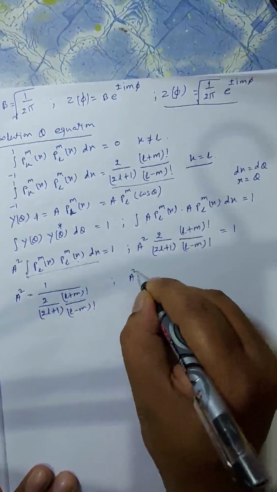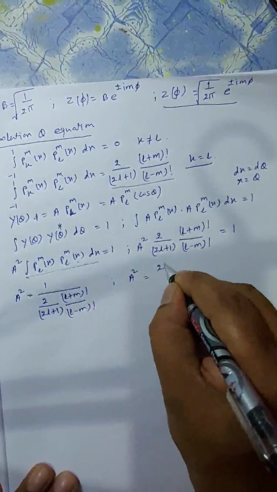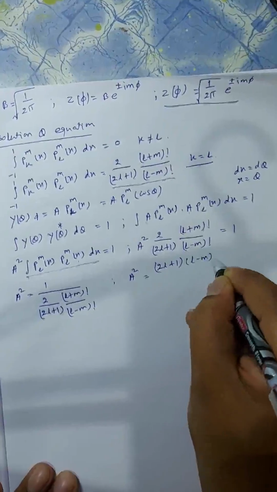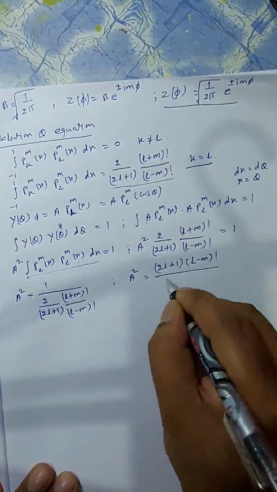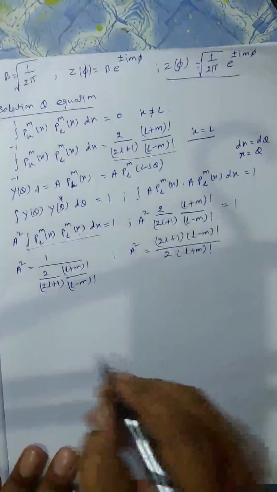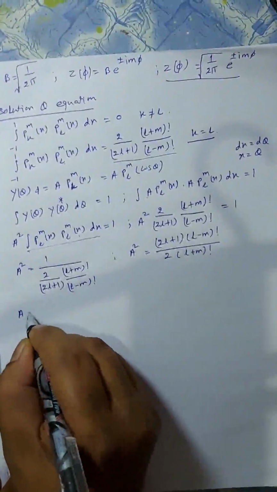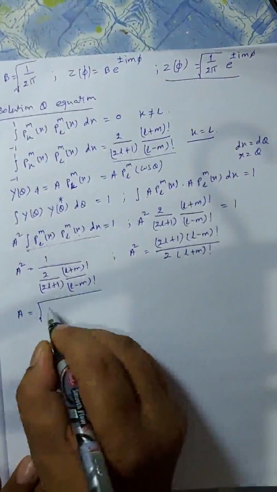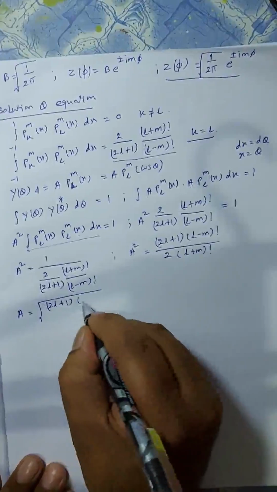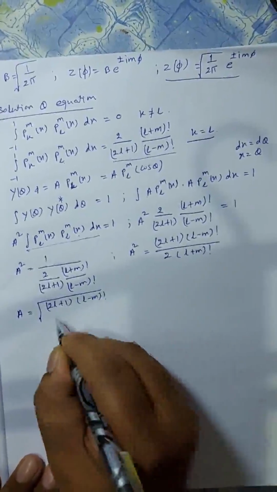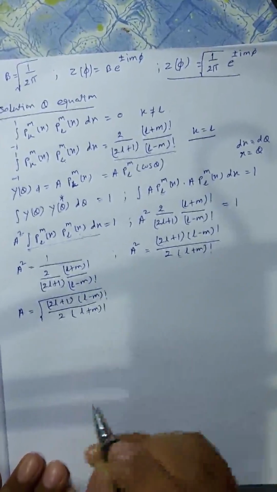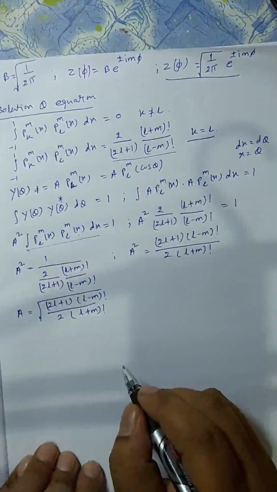Then a squared is equal to (2l plus 1) (l minus m) factorial divided by 2 (l plus m) factorial. Then what is a? Now a is equal to the square root of (2l plus 1) (l minus m) factorial by 2 (l plus m) factorial.